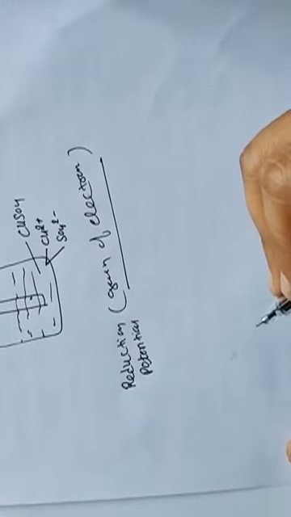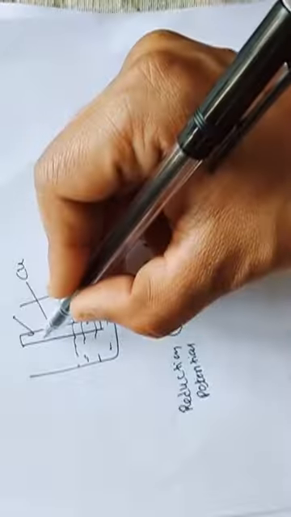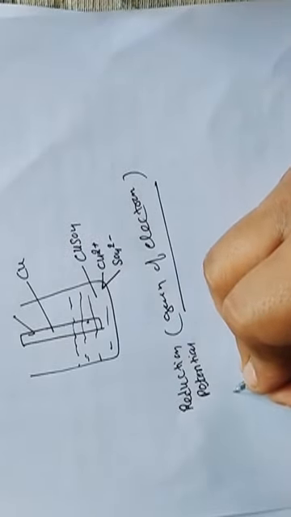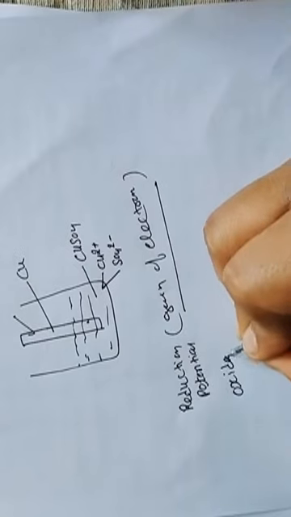And if the rod loses electrons in the solution, then that potential is known as oxidation potential.